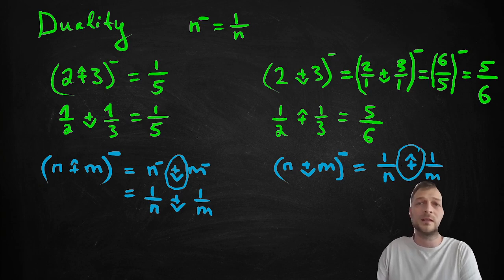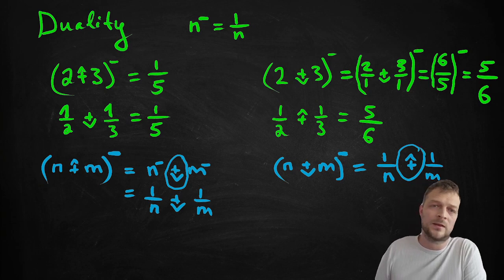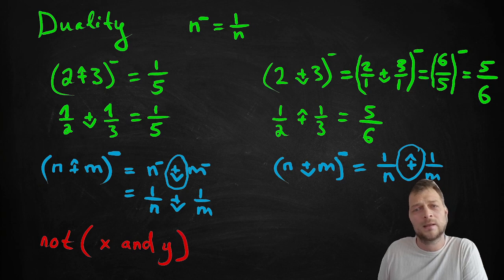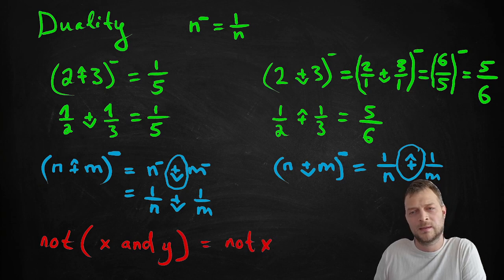We saw this in another field of mathematics. If we take not of x and y, you will get not x or not y, right?